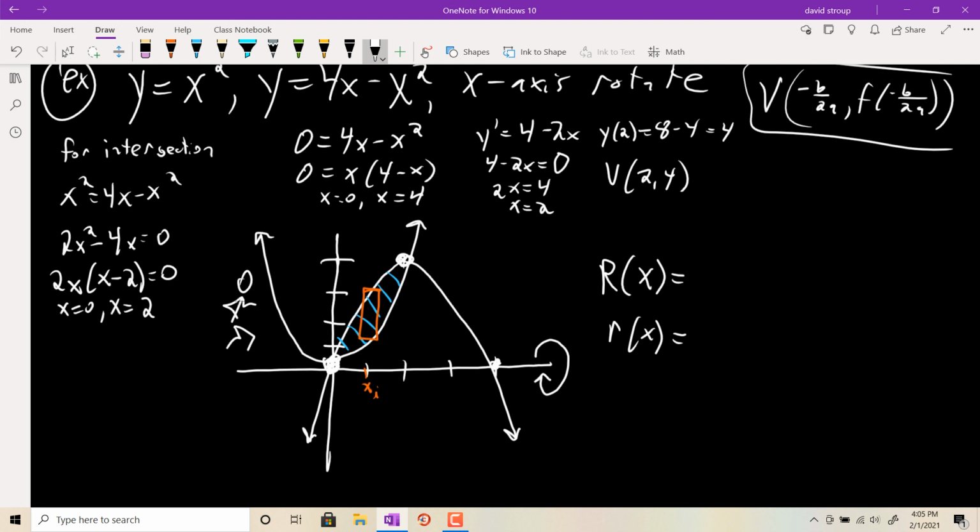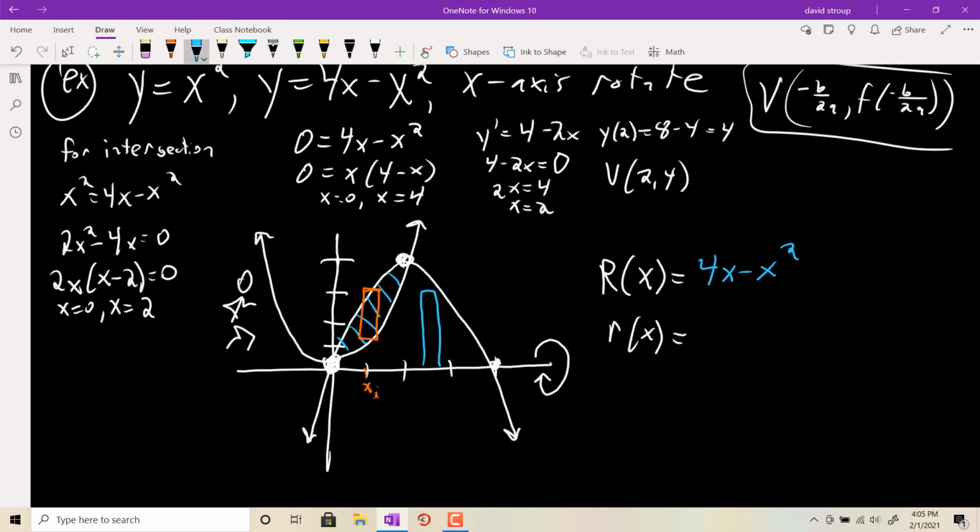Okay, as your Riemann man is zipping across, collecting all of these sort of volumes of disks. Okay. So again, the big radius is from the base to the top. That's this distance for R of x. That distance is given by the upside down parabola, so we can type that in here, 4x minus x squared.